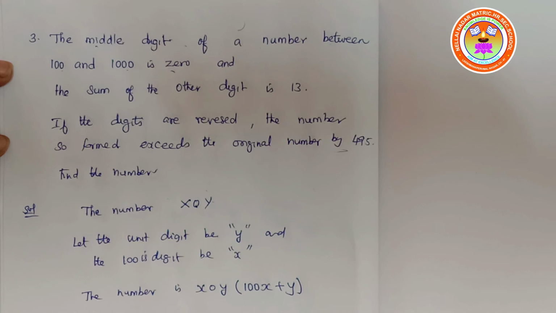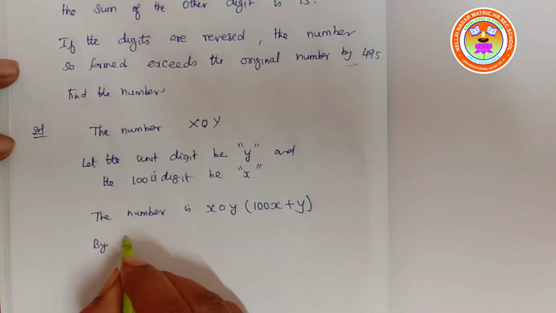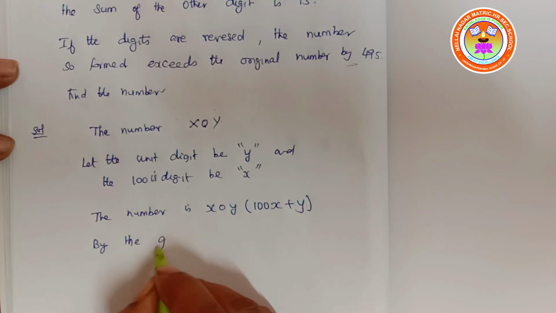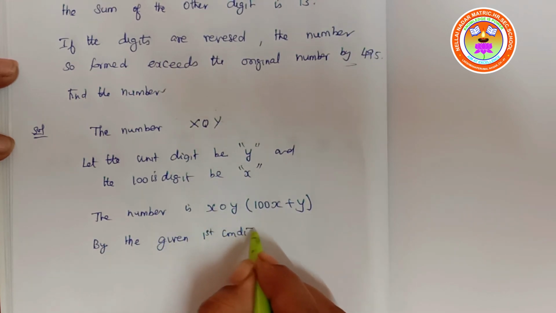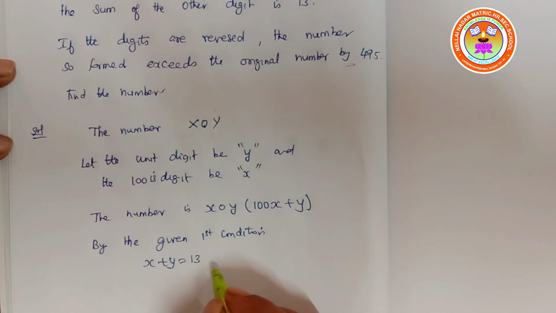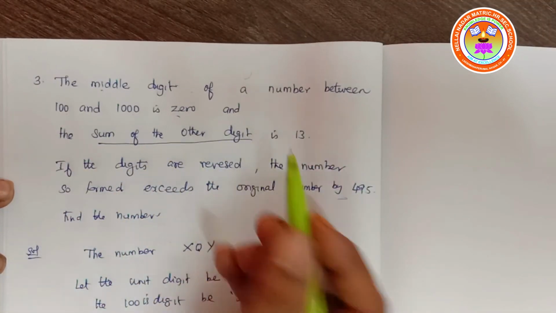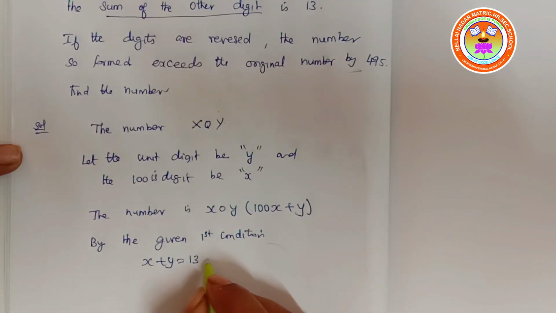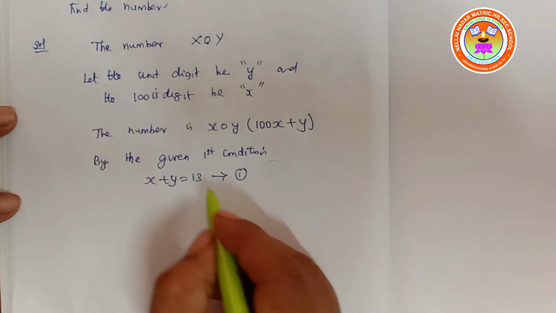It's clear, children? By the first given condition, x plus y is equal to 13. x plus y is the sum of the other digits. It's given that the sum of the other digits is 13. So x plus y is equal to 13. You consider this as equation number 1.